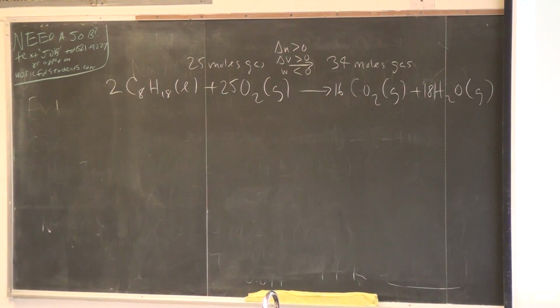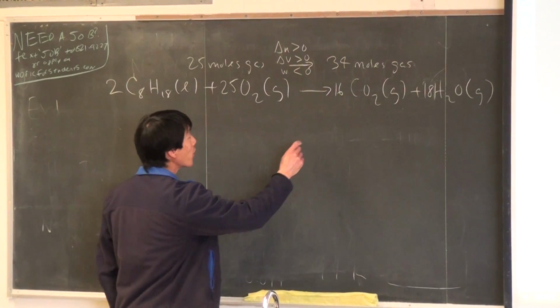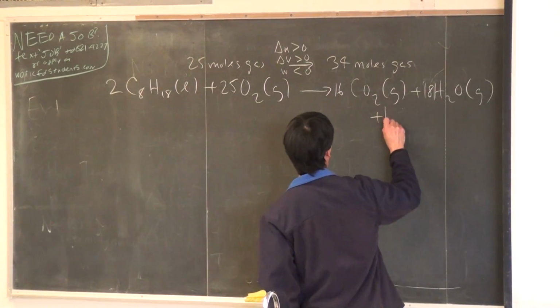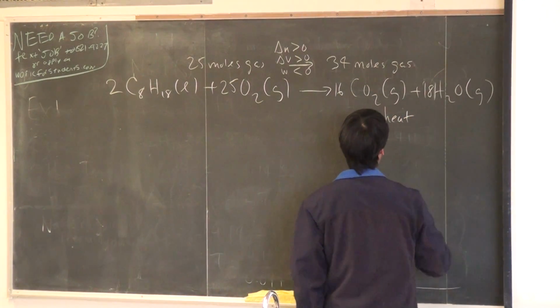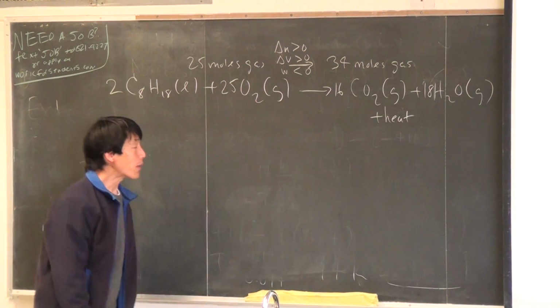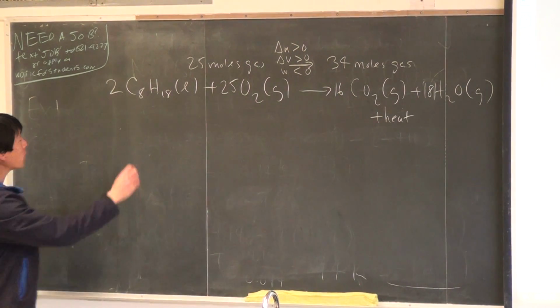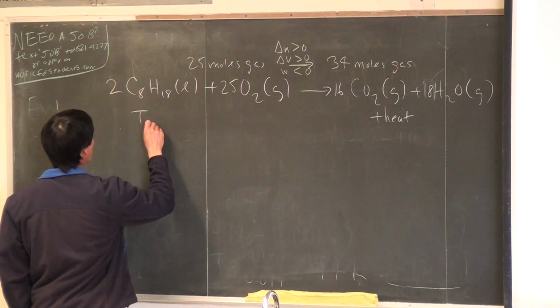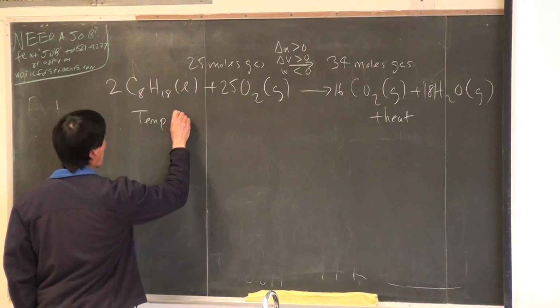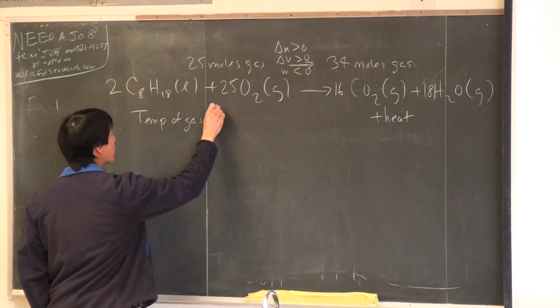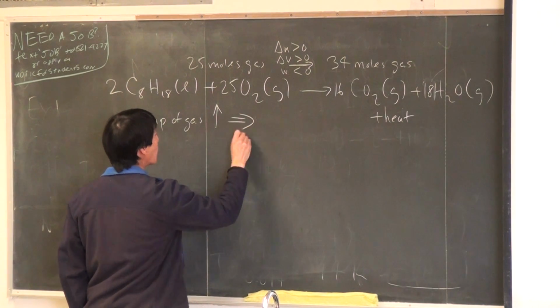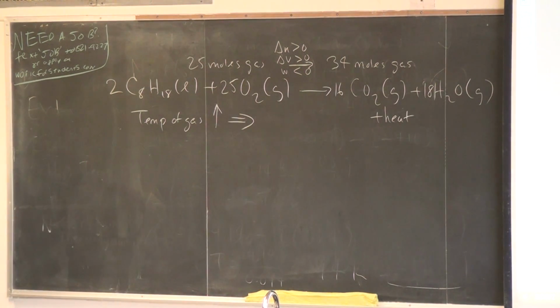Okay, so we can use this to explain how the heat is converted into work. Now, the other thing too is we know that this reaction is exothermic, so this produces heat. So as the temperature of a gas increases, what happens to the volume of that gas?